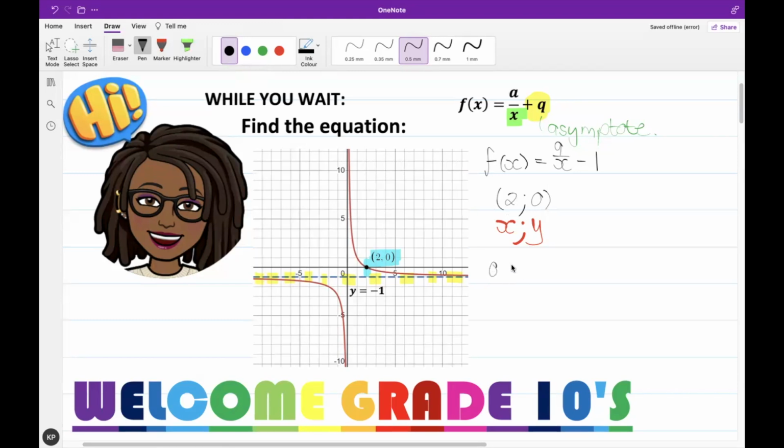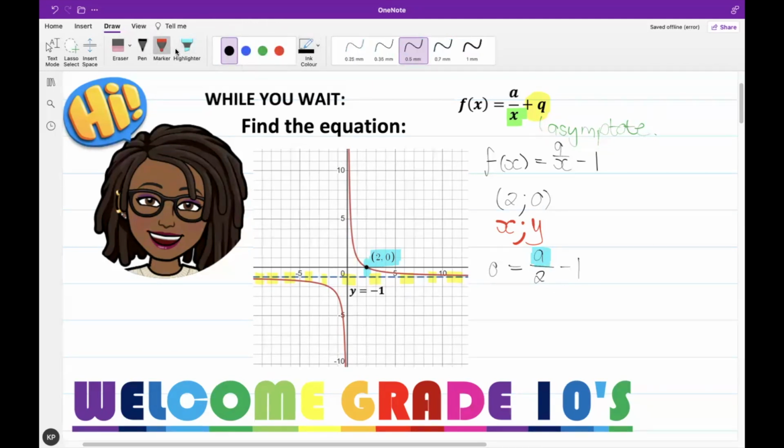So I'm going to say 0 is equal to a over 2 minus 1. Now we only have one variable left, which is a at the top, and we can solve for a using the numbers that we have.